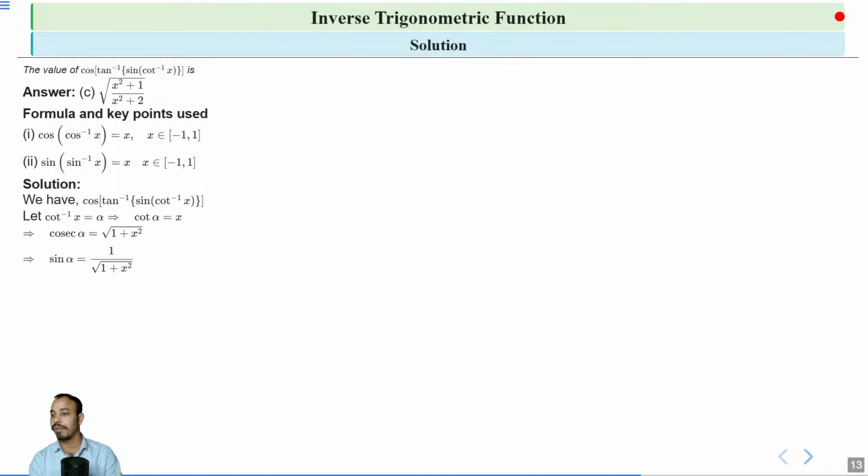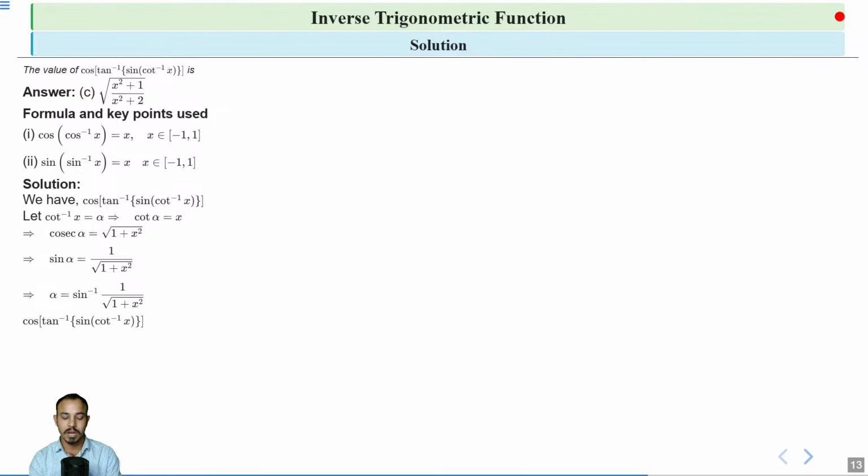And you know sin alpha is reciprocal of cosec alpha, so sin alpha equal to 1 by cosec alpha, and so sin alpha equal to 1 by square root of 1 plus x square. And now alpha is equal to sin inverse of 1 by square root of 1 plus x square.